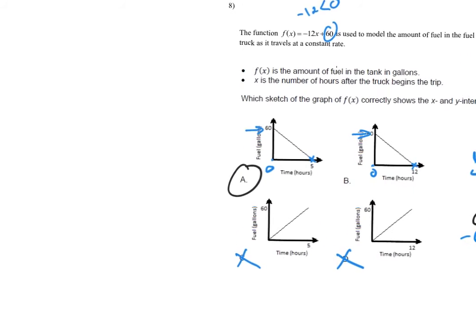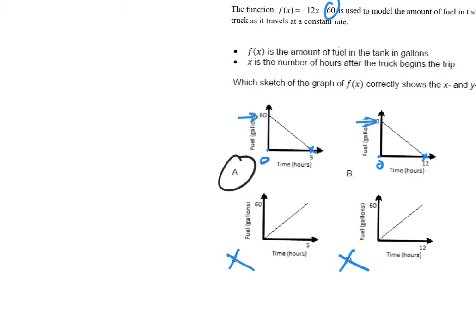Another way to solve this problem: after we discovered that both of them have the same y-intercept, we can also calculate the slope. Let's suppose I take this point right here and this point.